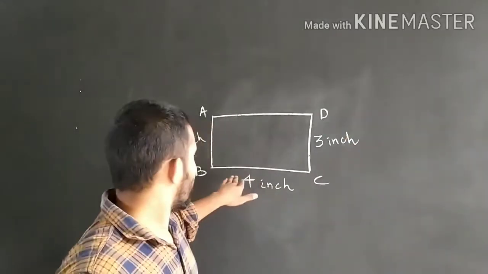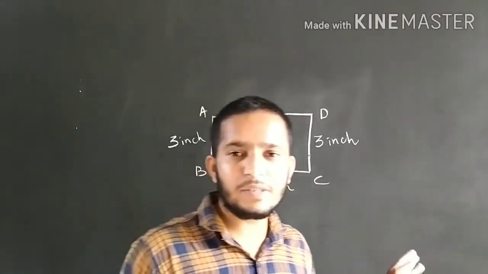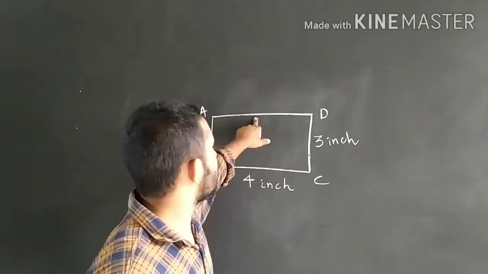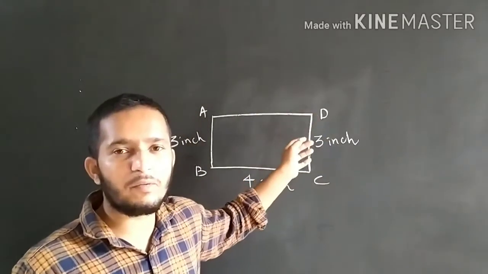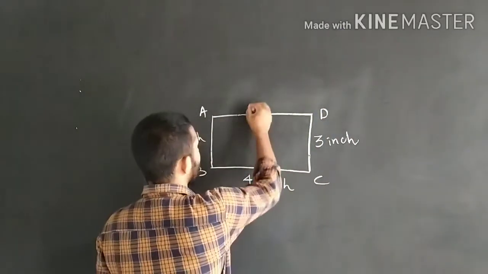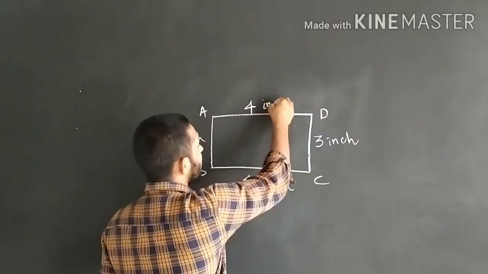And the length of BC is 4 inch, so the opposite side AD will be the same length as BC, which is 4 inch.